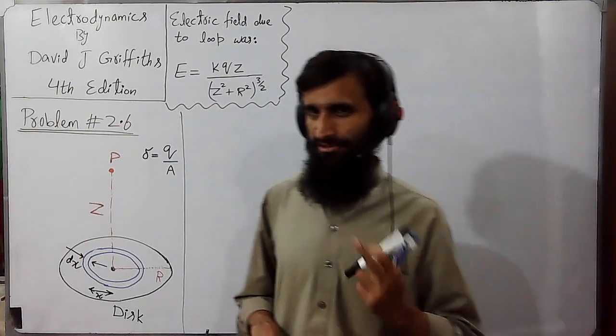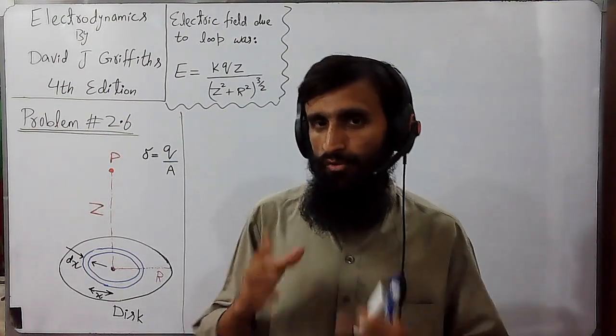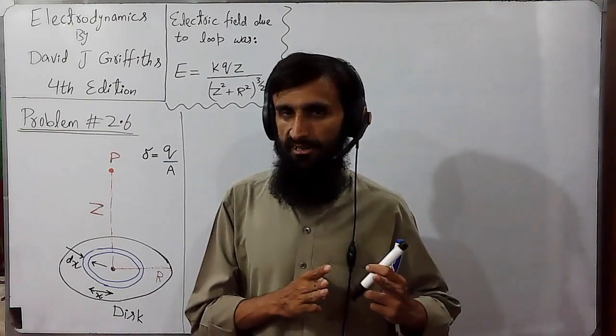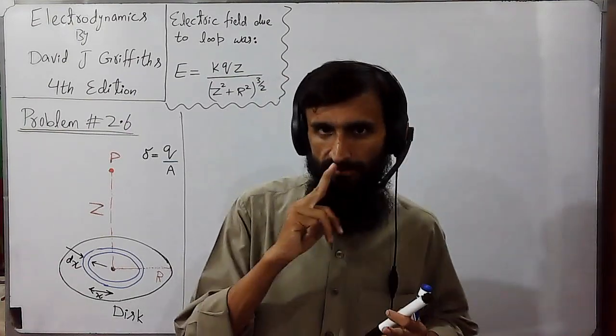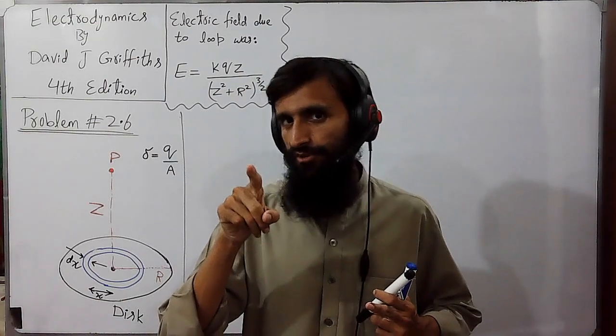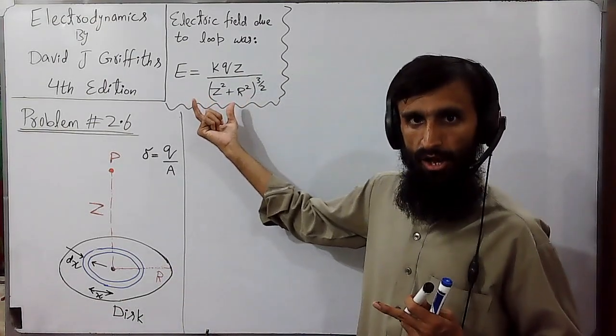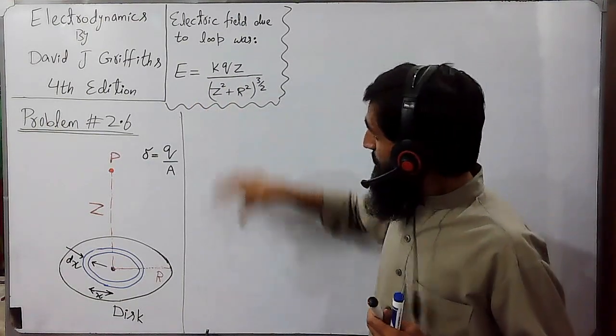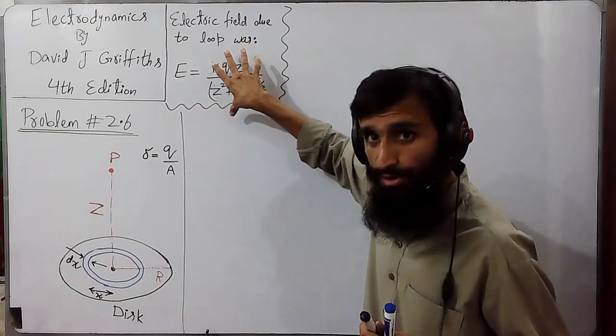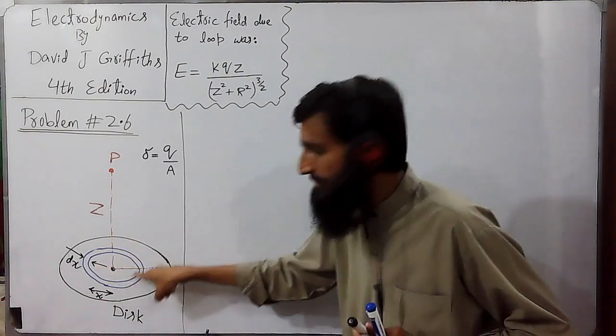Now we have to find the electric field at this point due to this loop, and the expression for electric field due to a loop we derived in our previous lecture in problem number 2.5. Here we will modify this expression for this loop.